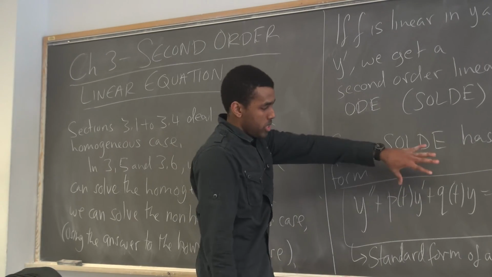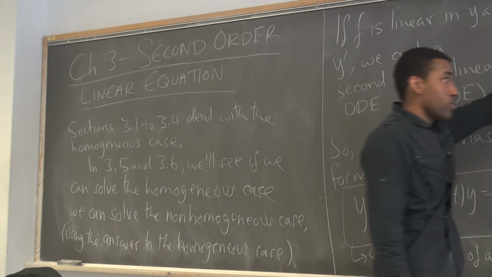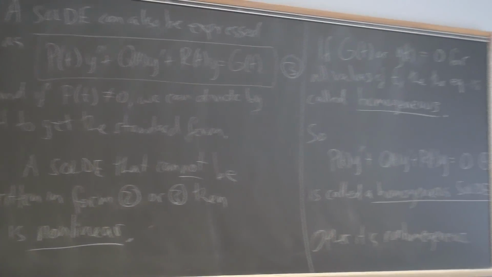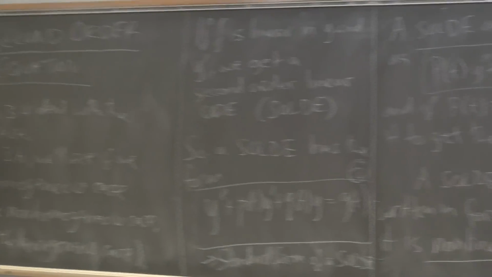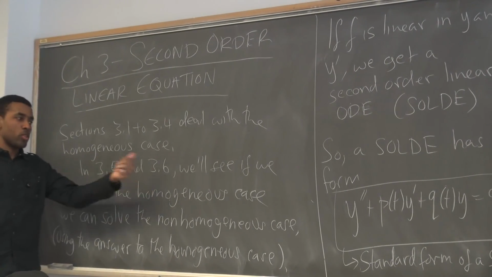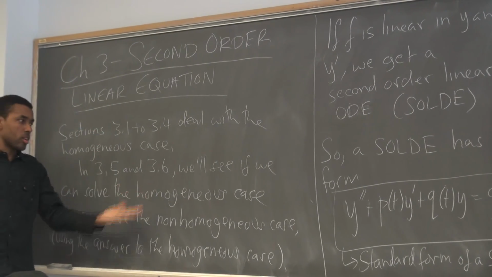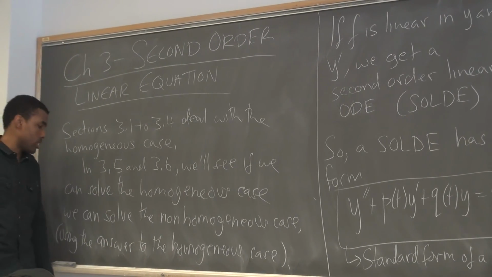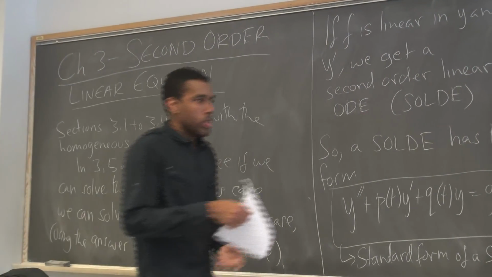General standard form for a second order linear differential equation, another form for a second order linear differential equation. If the right side is 0, it's called homogeneous. The first 4 sections of chapter 3 deal with homogeneous, but that's actually pretty good because in 3.5 and 3.6 we'll see that knowing how to solve the homogeneous case will actually help us to solve the non-homogeneous case. And so learning how to deal with the homogeneous case first is actually a pretty solid plan.